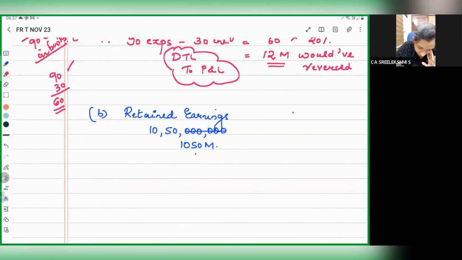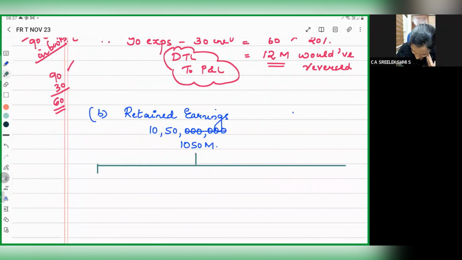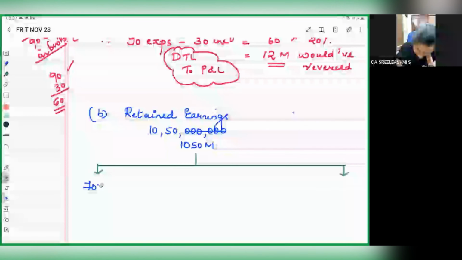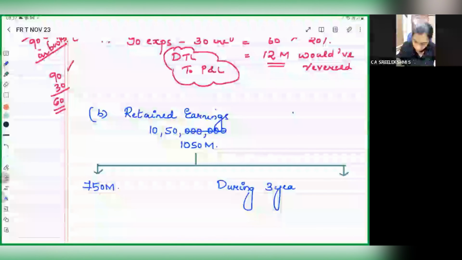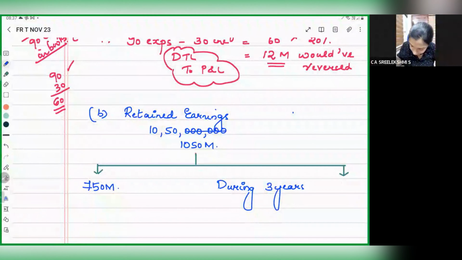1,050. What about opening retained earnings? Opening retained earnings 750 million. During 3 years, 300 million. Is there any adjustment? Yes.